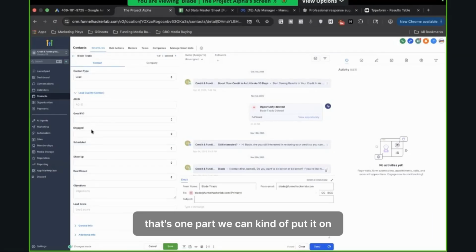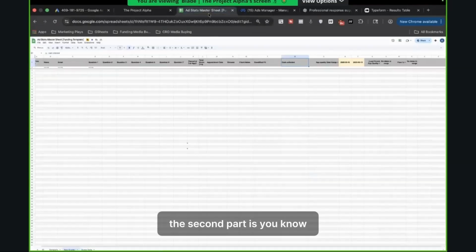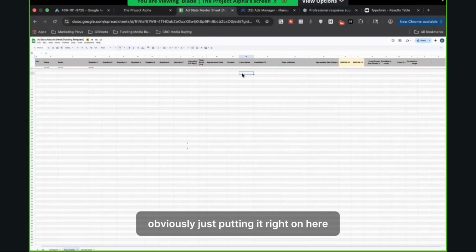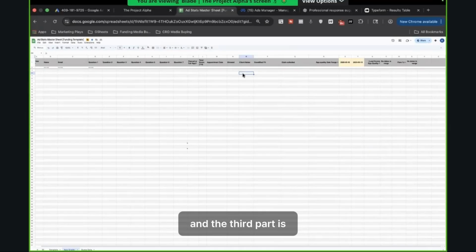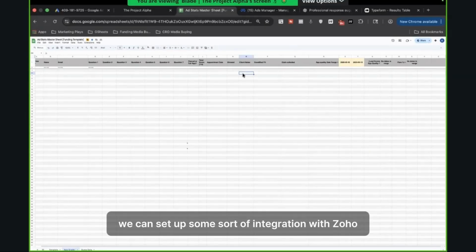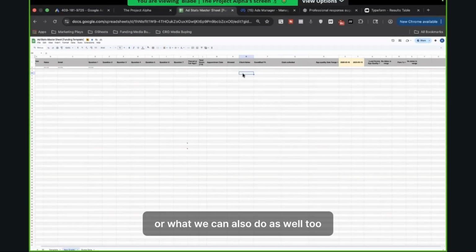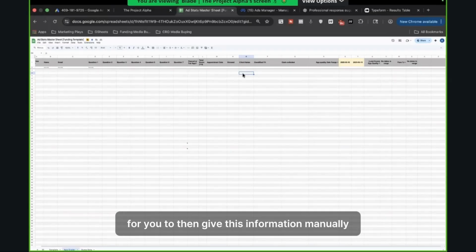The second part is obviously just putting it right on here. And the third part is we can set up some sort of integration with Zoho, or what we can also do is that every sales call that you have, a DM then goes out to you, a message, a text, an email goes out to you for you to then give this information manually, kind of responding to each email or each text.